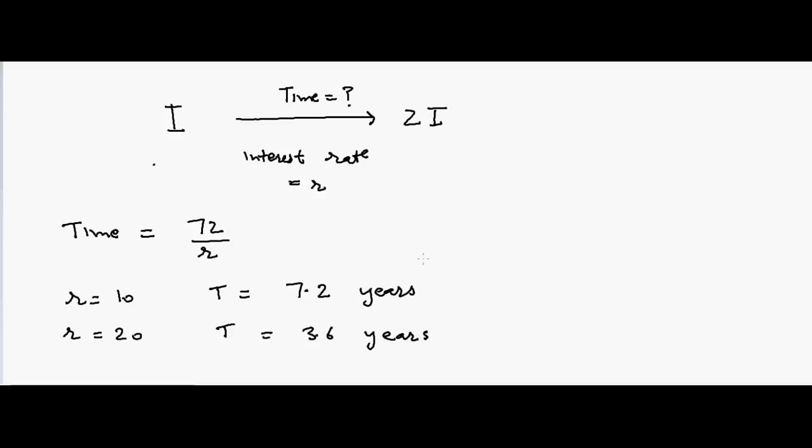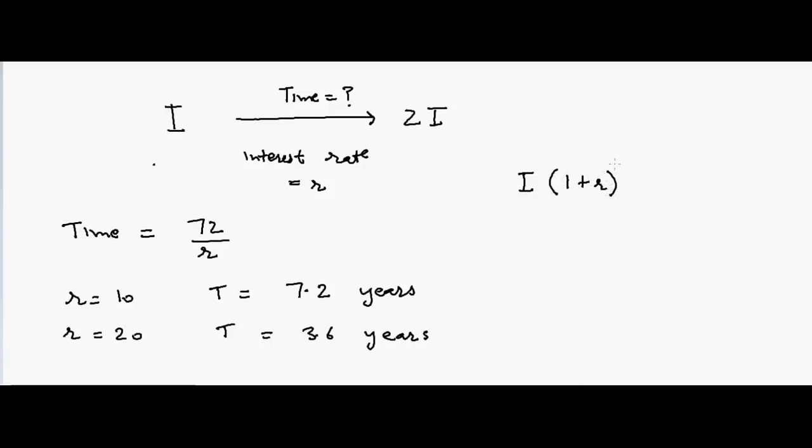So how does this rule work? Let's try to solve this problem in a regular way. In the regular way, suppose we have investment I, and we have interest rate 1 plus R, right?